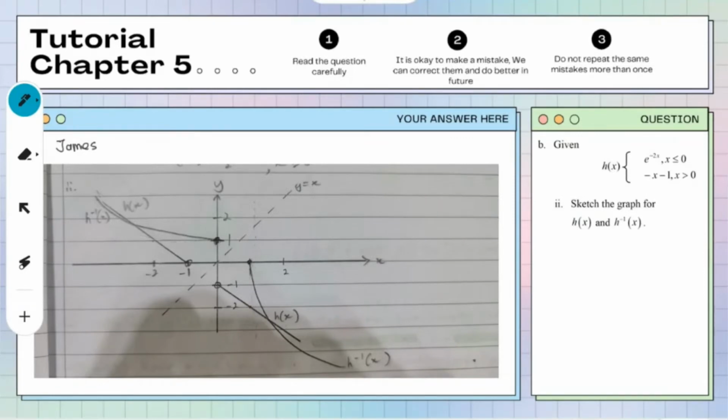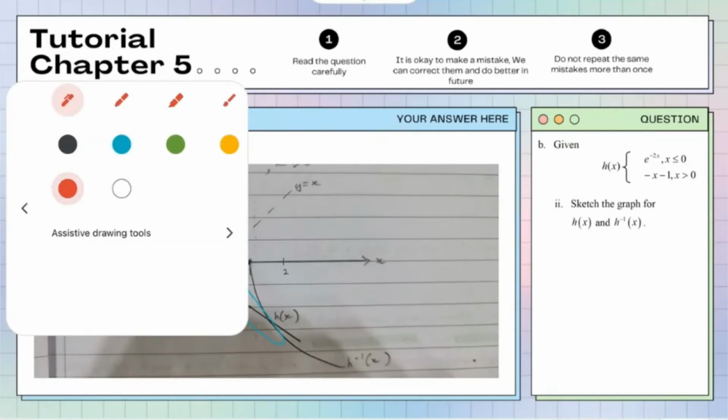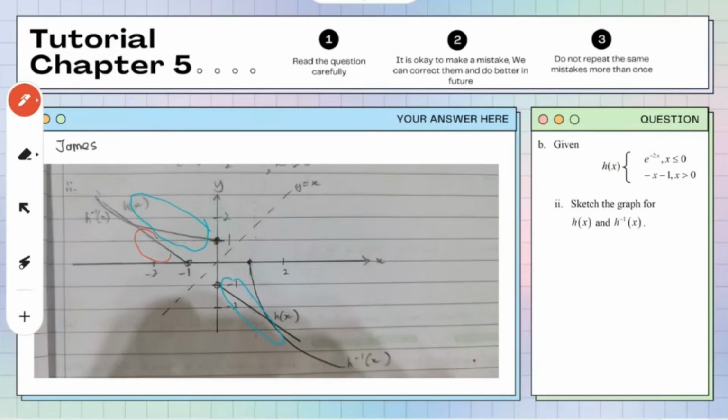By the way, the answer given in the tutorial has a slightly wrong label. This one and this one should be the function for h(x). So the one James shaded has the correct label. And then the opposite one is this one. So the linear one and also the graph for ln will be the h inverse. So the labels are correct. We have the line y equals x, which is correct. And then this one the opposite, one here and one here. And then we have negative 1 here, and negative 1 here as well.